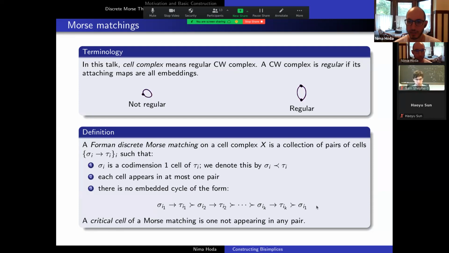There shouldn't be any such chain of cells that's closed. That shouldn't exist. Finally, a critical cell of a Morse matching is a cell that doesn't appear in any pair.